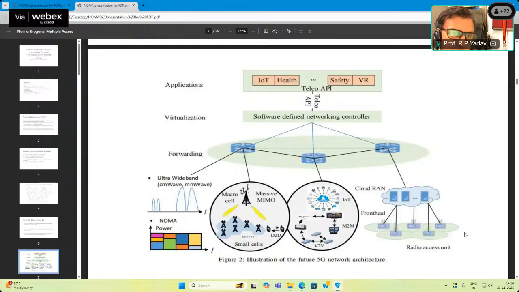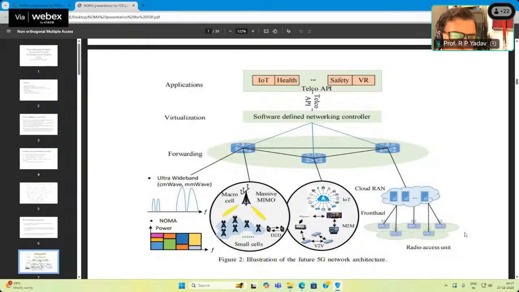Then virtualization, with the software defined networking controller above the forwarding system. In the forwarding system, what is being looked into is ultra wideband, millimeter waves, centimeter waves, and then NOMA also, how power domain NOMA, power multiplexing, where along with power and frequency, a number of users can be accommodated.